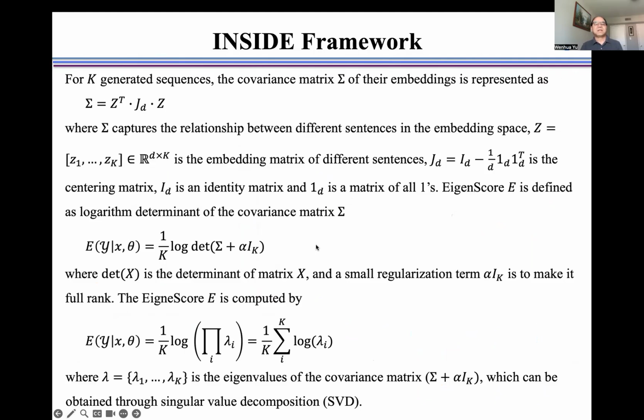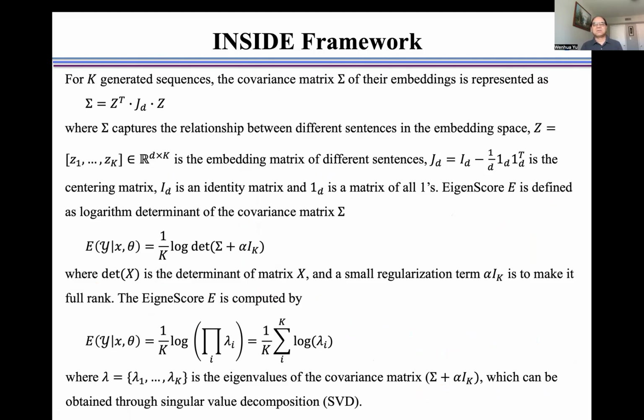For K generated sequences, the covariance matrix sigma of their embeddings is represented as here, where sigma captures the relationship between different sentences in the embedding space.